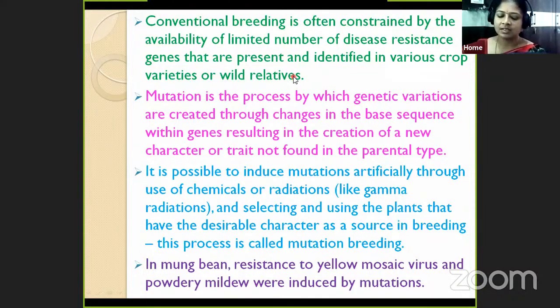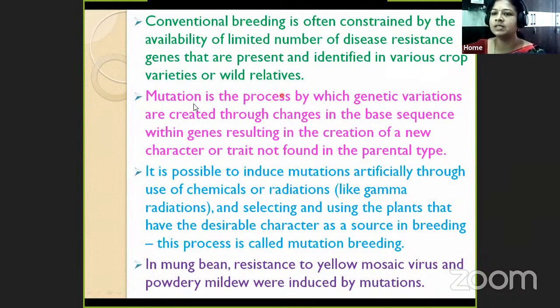That's why instead of conventional breeding, mutational breeding is used to develop a number of new disease-resistant varieties. So mutation is the process by which genetic variations are created through changes in the base sequence within the gene, resulting in the creation of a new character or trait, which is not found in the parental type.